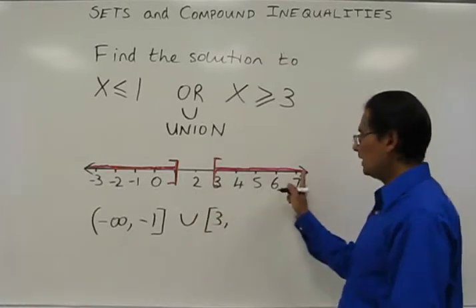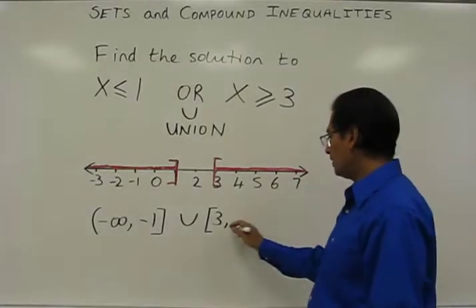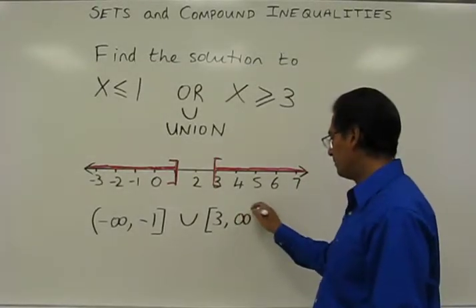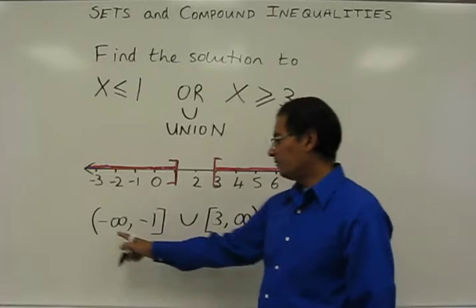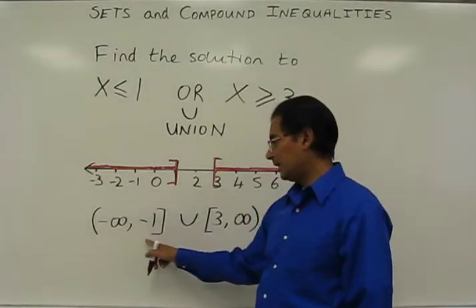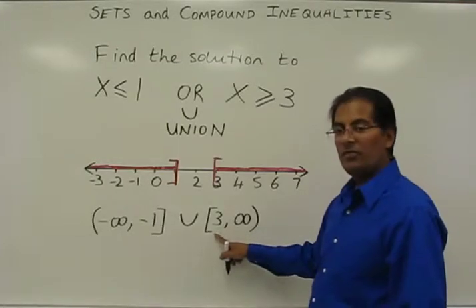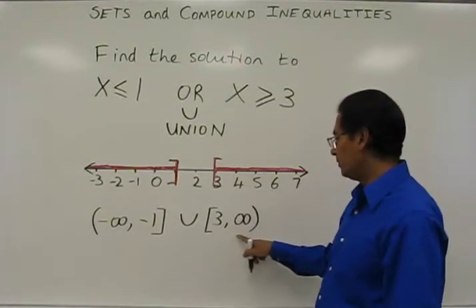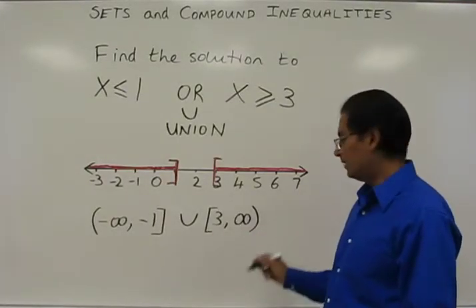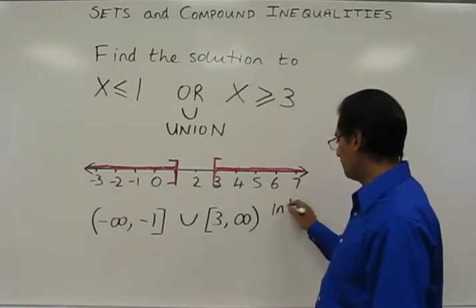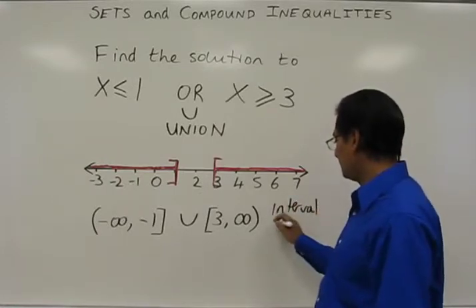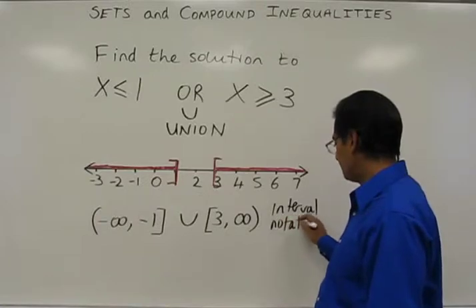How far do we go? Well, it goes infinitely up, comma, infinity. So all the numbers from negative infinity to 1, including 1, union all the numbers from 3, including 3, to infinity. This is the interval notation way of writing the solution.